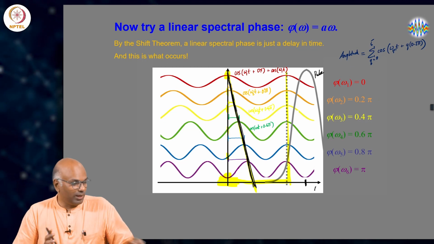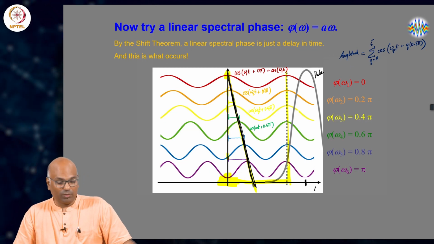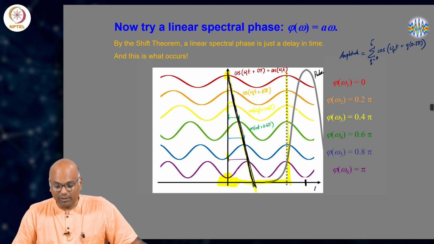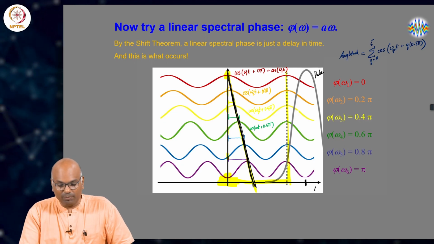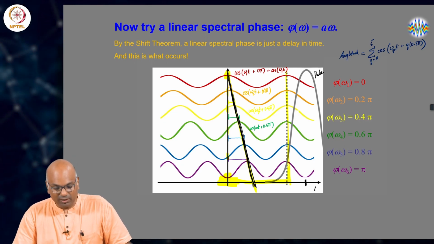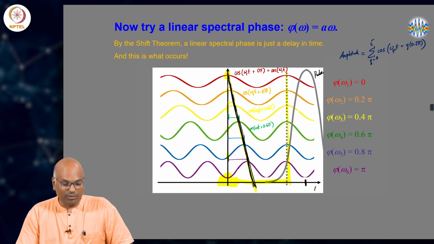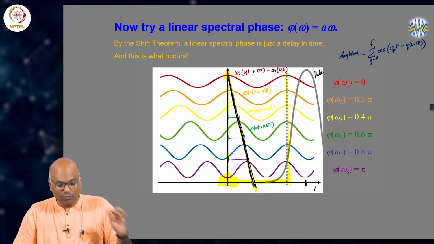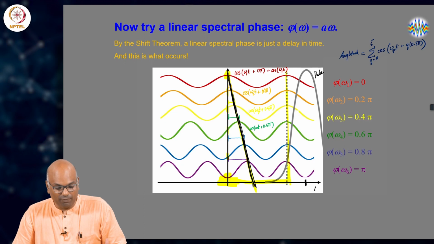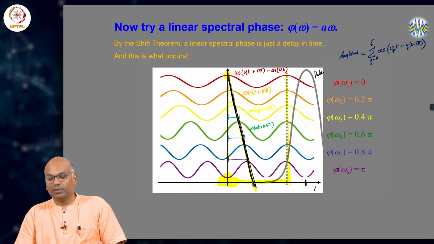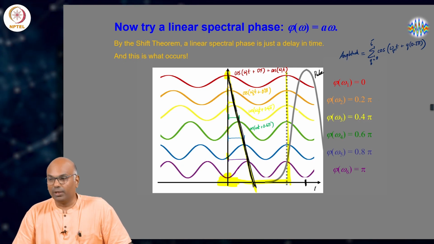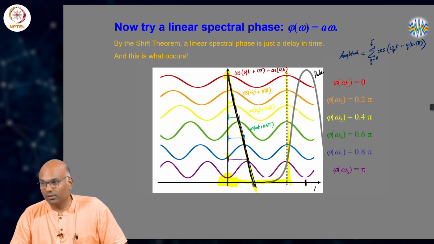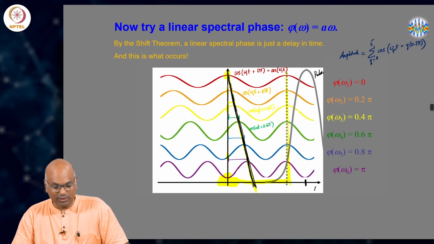So, that's the beauty of describing pulses in the spectral domain. A linear spectral phase shift connotes propagation. So, this is the shift theorem in action, or the propagation of a pulse. It's kind of beautiful, isn't it?